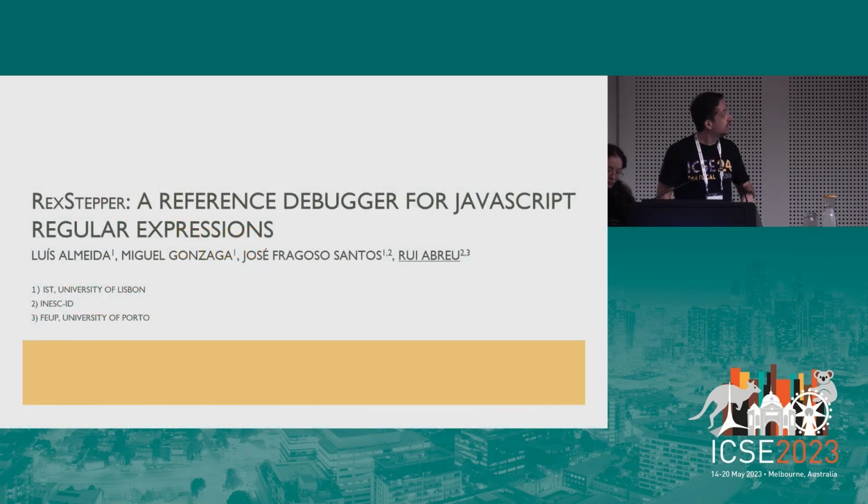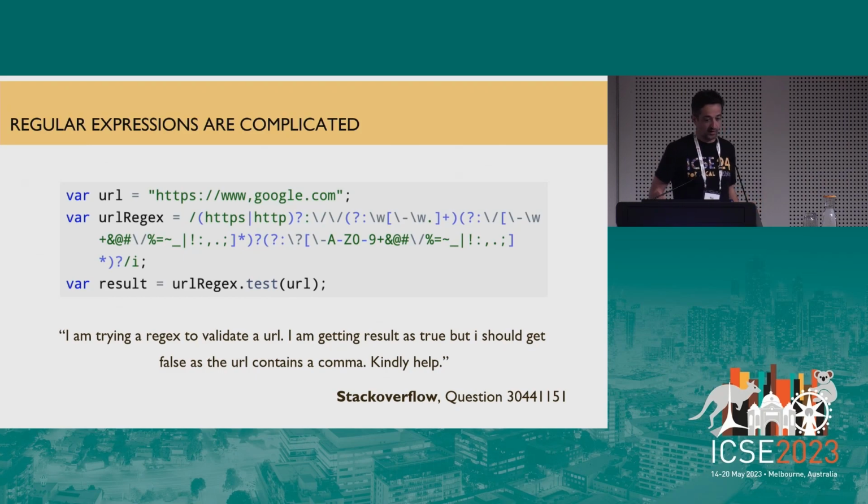All right, thank you. This is joint work with Luis, Miguel, and José. The context is a debugger for JavaScript regular expressions. Now, why do we need that? If you look at code with regular expressions, it turns out to be very complicated.